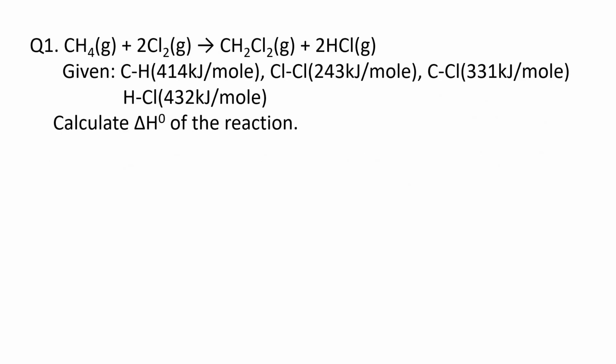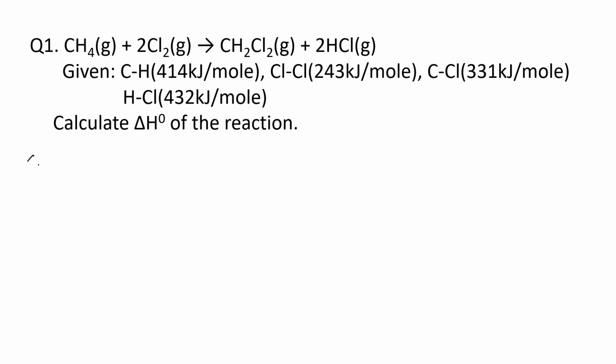Now coming to this problem. Methane and chlorine giving dichloromethane and hydrogen chloride, and here given: carbon-hydrogen bond enthalpy 414 kilojoules per mole, chlorine-chlorine bond enthalpy 243 kilojoules per mole, carbon-chlorine 331 kilojoules per mole, hydrogen-chlorine 432 kilojoules per mole. What you have to calculate? That is the enthalpy of the reaction, right?